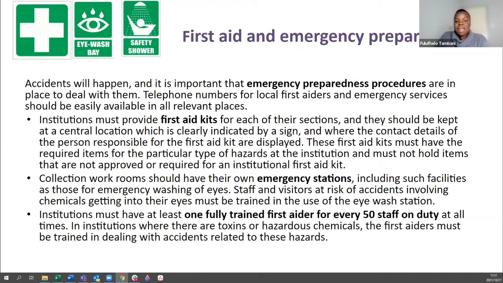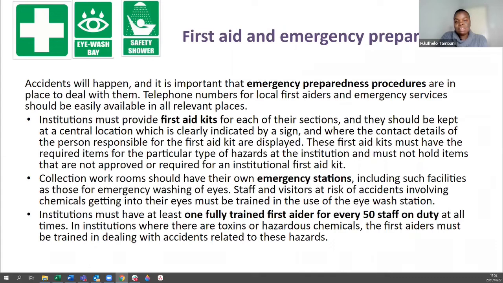And there must be a clear sign that indicates it's a first aid kit, and where the contact details of the person responsible for the first aid kit are. This needs to be very clear. And also, if I can add, it must be in the simplest language, so that whether you are educated or not, you know what that is.